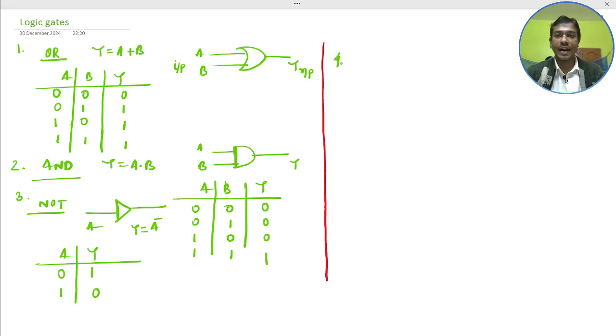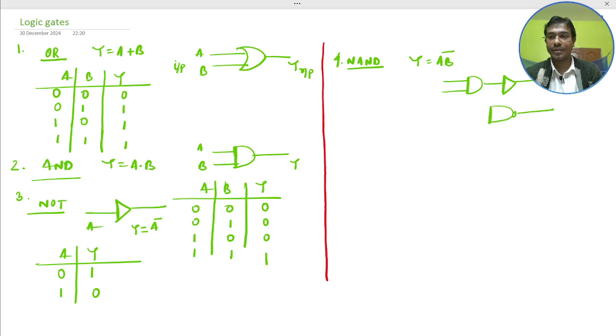Next one, the NAND operation, that means Y equals A B bar. In the gate symbol, this is AND and this is NOT, so it is equivalent to this.